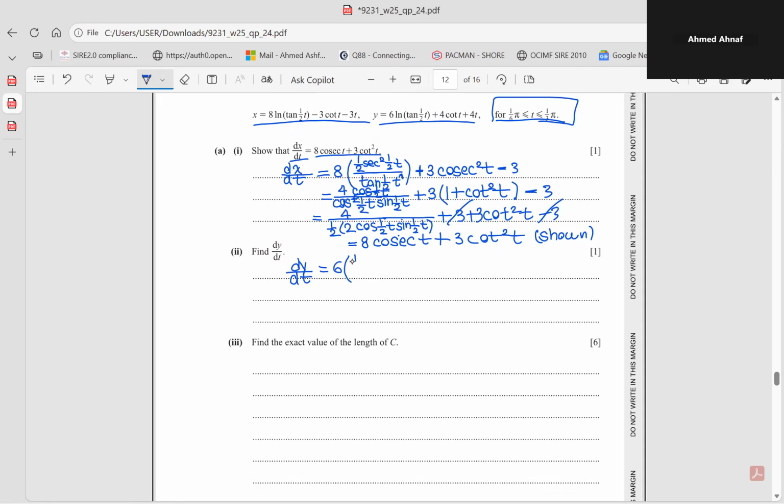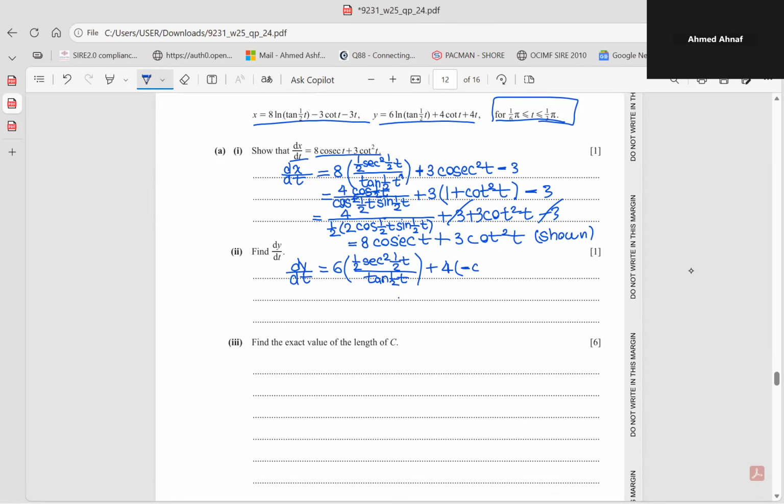So 6 half secant square half t over tangent half t, plus 4, minus secant square t, plus 4. Yeah, so we can simplify that.